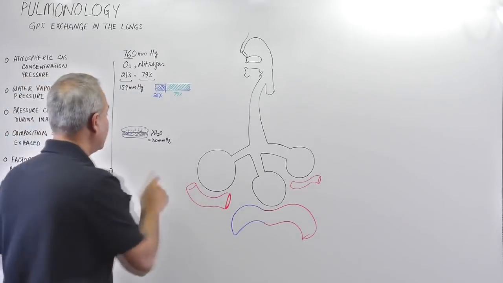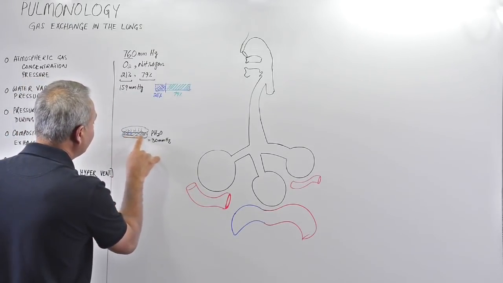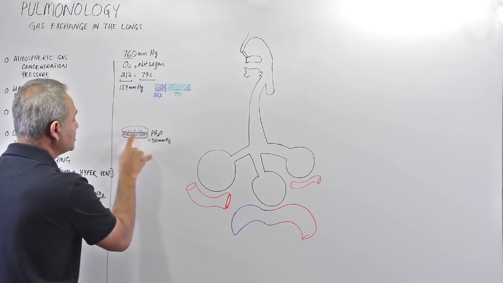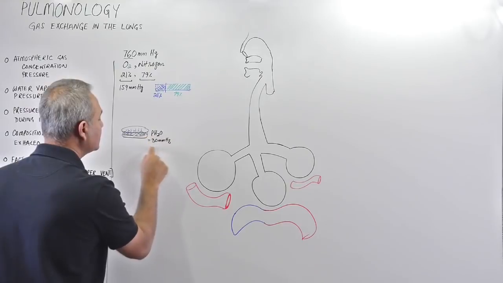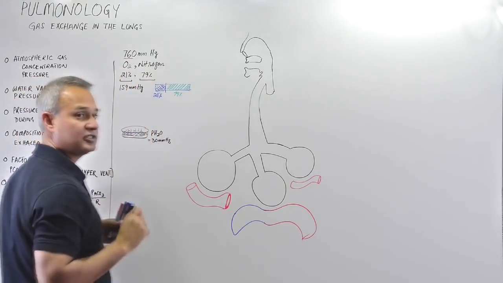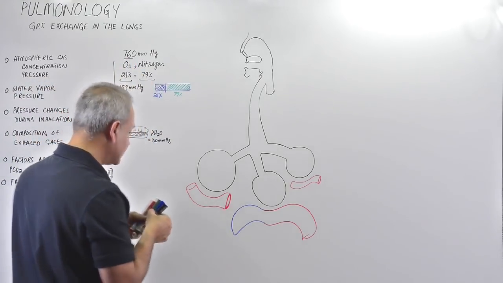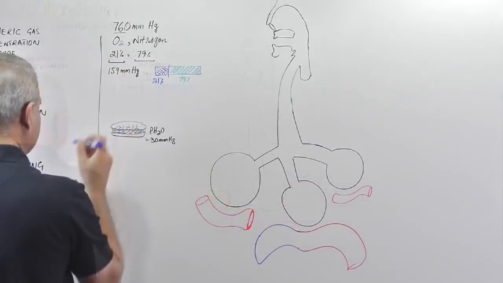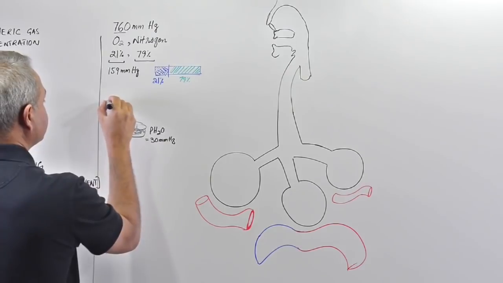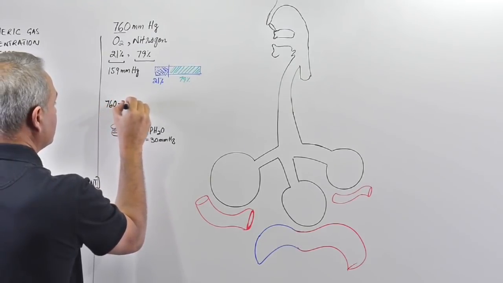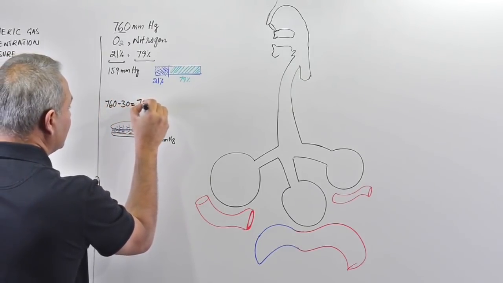So to calculate the percentage of pressures and concentrations right above the water surface, we need to first take this pressure and reduce that from the 760. Okay, so let's do that. So 760 minus 30. 760 minus 30 equals 730.